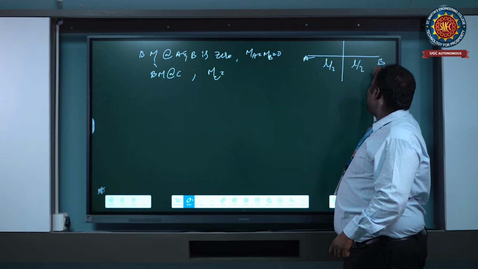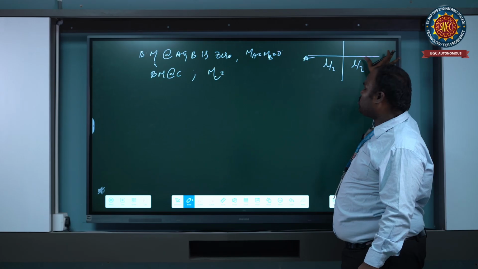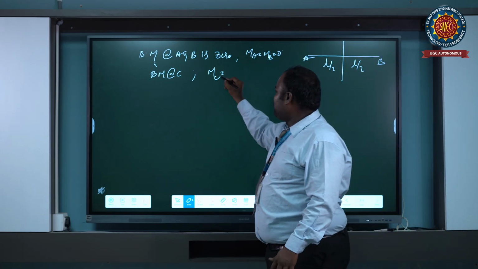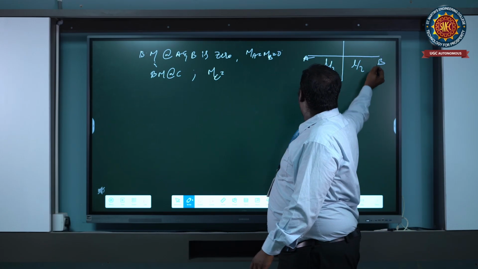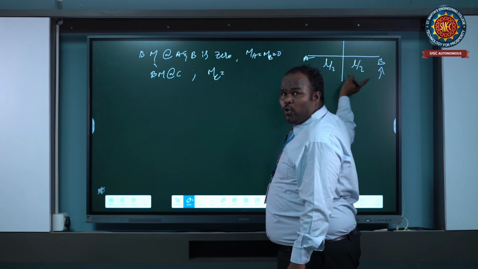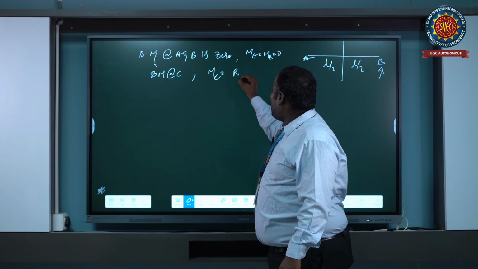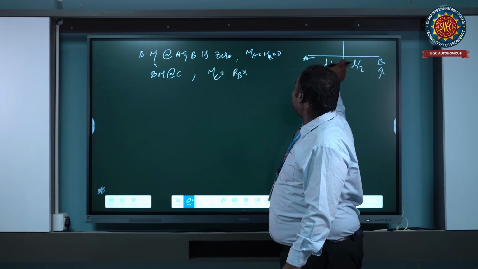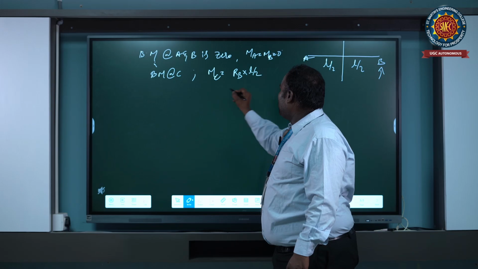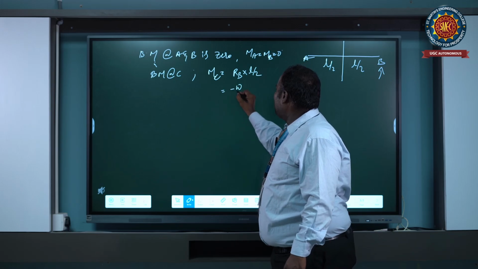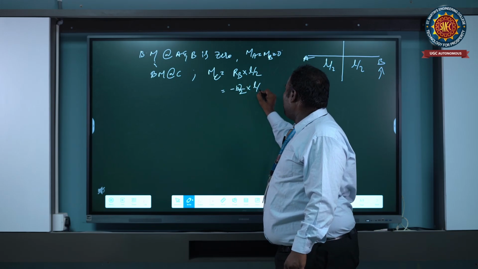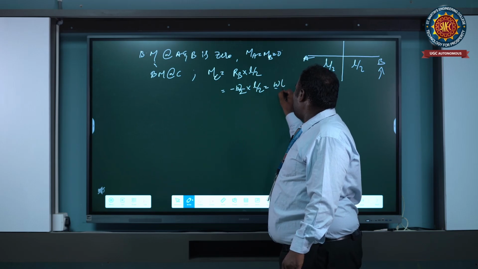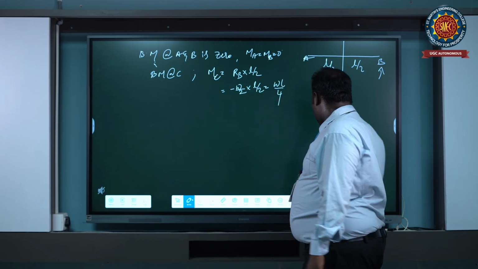I consider the right portion of the beam from the section. Therefore MC equals, at B acting the force RB into the distance from B to C, which is L by 2. That equals minus W by 2 into L by 2, that is WL by 4.